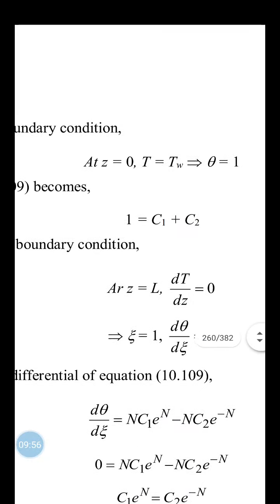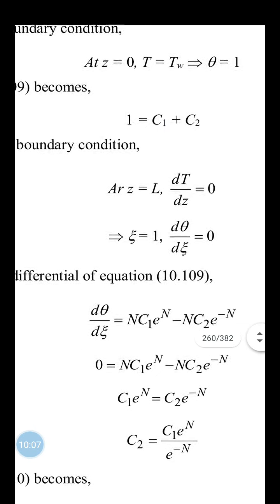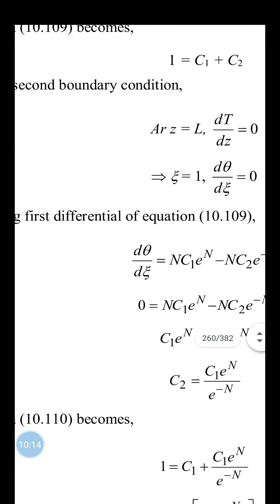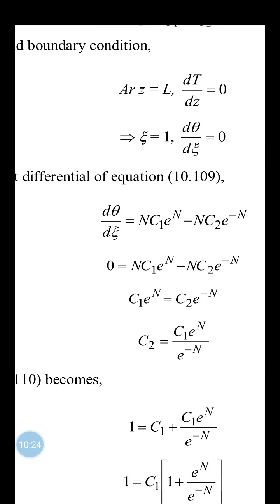For the second boundary condition, you can write that at z is equal to L, dT by dz is equal to 0. So what will zeta be? Zeta is z by L, so it is equal to 1, and d theta by dz is 0. Then take the first derivative: d theta by dz is equal to n into c1 e raised to n minus n into c2 into e raised to minus n.